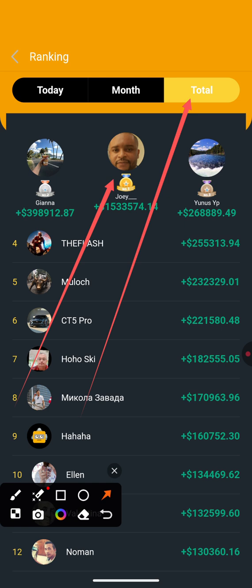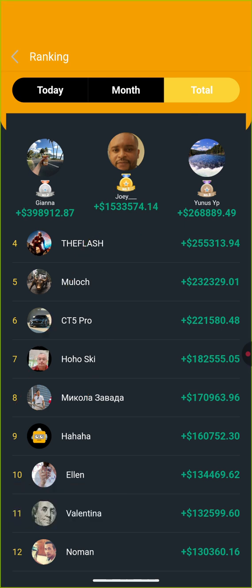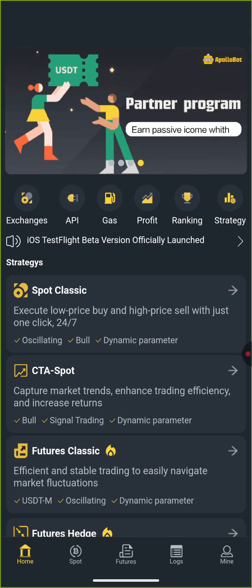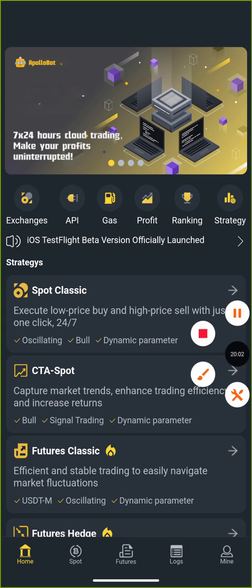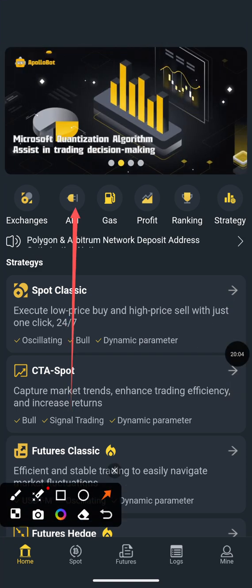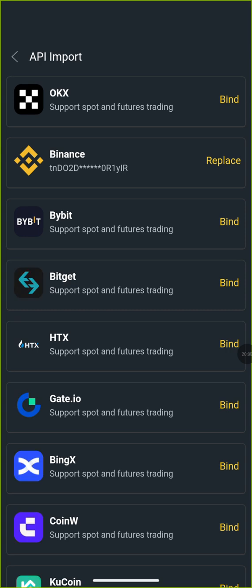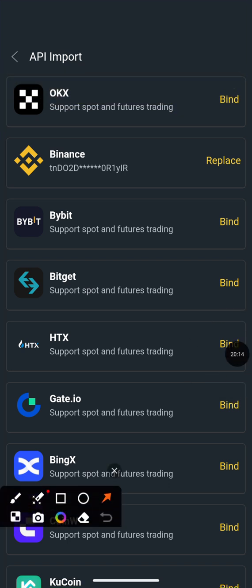So guys, I just wanted to take out time and explain some things to you on this awesome strategy. In ApolloBot, you can trade both spot and futures, and we have 10 exchanges right now. When you tap here on API, you see the exchanges you can connect with. An exchange is just a bank for cryptocurrency, as simple as that. The most recommended exchange for me is always Binance.